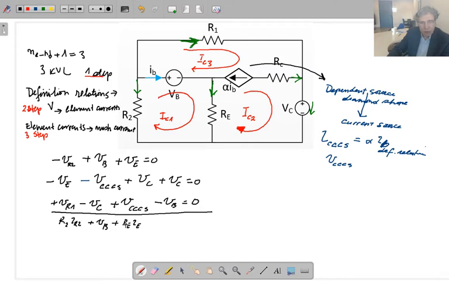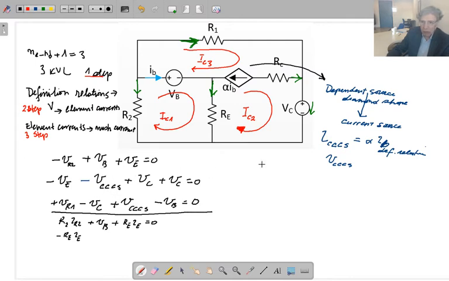So we are writing the definition relations of the resistors, no problem, equal to 0, and same as minus RE IE.